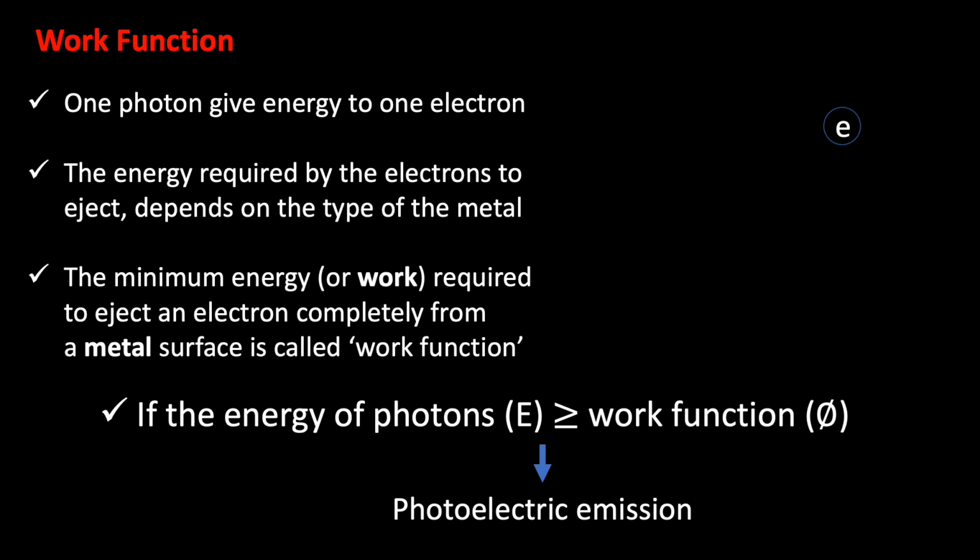The minimum energy or work required to eject an electron completely from a metal surface is called the work function. Therefore, the energy of a photon should be at least equal to the work function of the metal in order for the photoelectric effect to take place. The energy of a photon should be greater than or equal to the work function to produce the photoelectric effect.